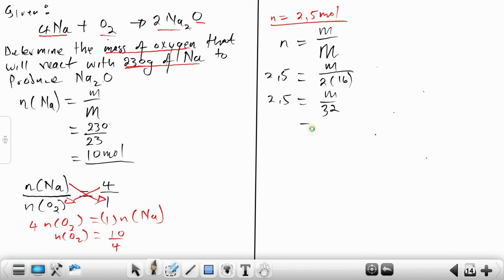It's 32 multiplied by 2.5, which gives us 80. So m here is 80 grams.